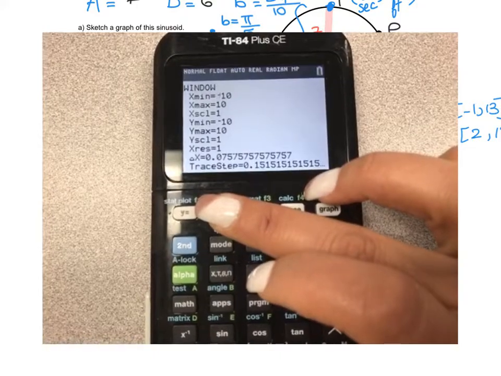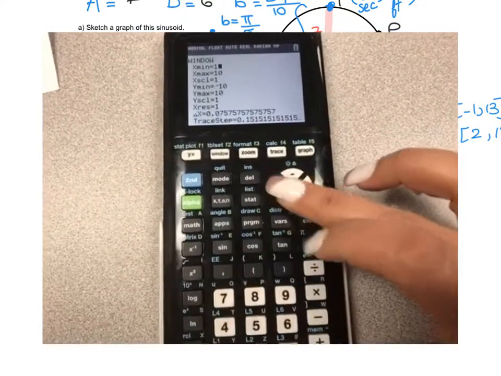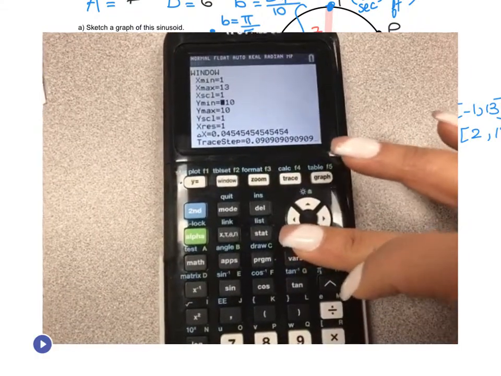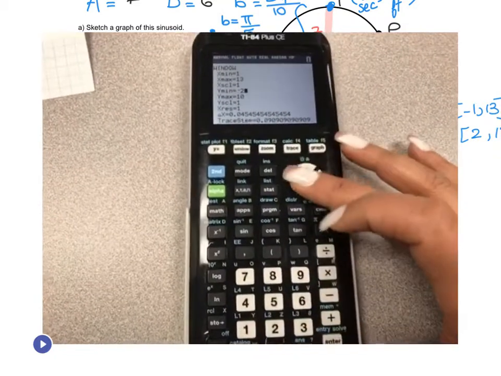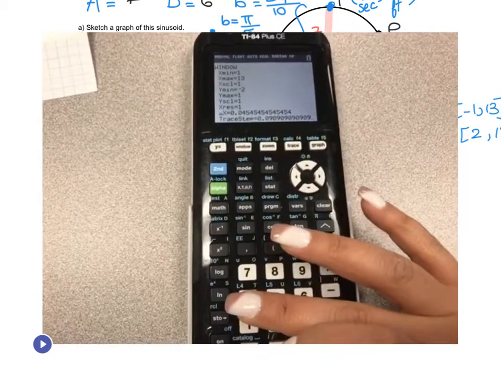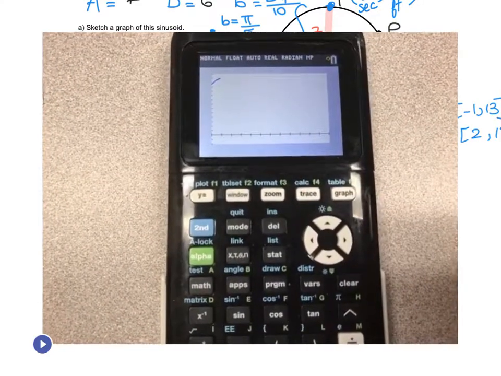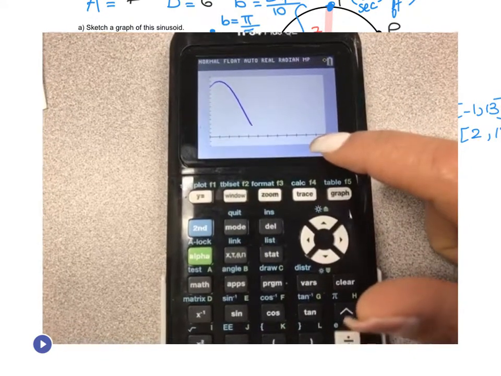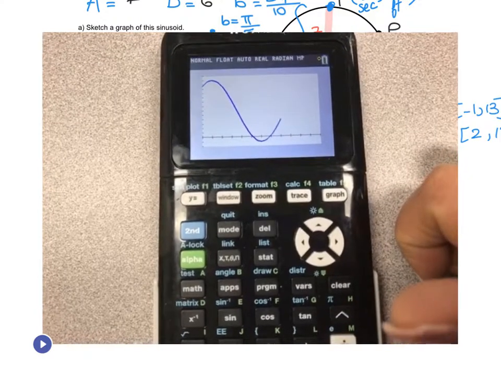Remember that we decided that our domain is going to be from 2 to 12. So I'm going to put 1 to, let's say, 13. And then we said that our range is going to be from -1 to 13, so I'm going to put -2 and then maybe 14. Okay, now let me graph it to see how my graph looks, because I can also make sure that my graph matches this graph. There you go.